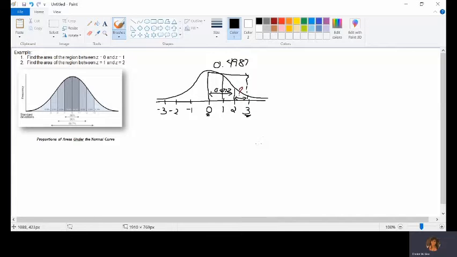Okay, so the area of the region between z equal to 2 and z equal to 3 is given by subtracting 0.4987 minus 0.4772. Remember, this is the area of the region from z equal to 0 to z equal to 2.